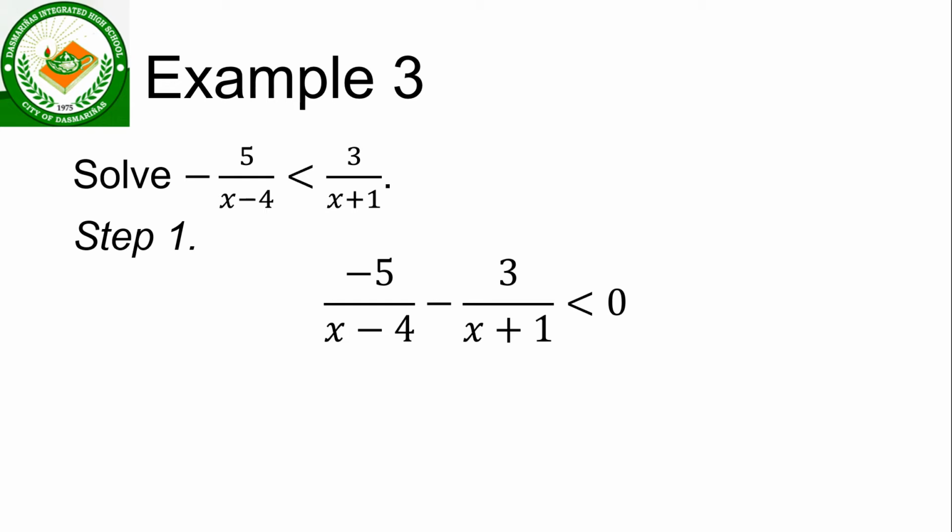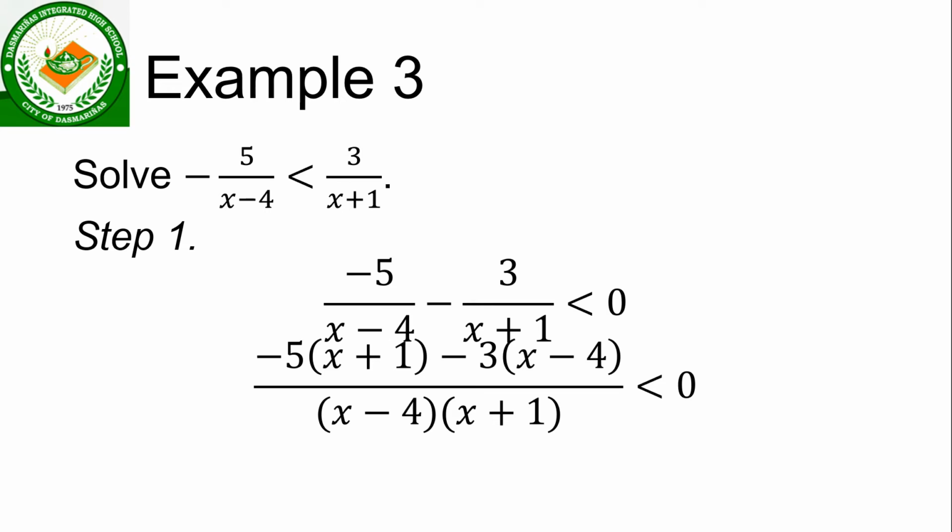let us make it a single rational expression by multiplying the terms by their LCD. Or in other words, we're going to multiply negative 5 by x plus 1 and 3 by x minus 4. Cross multiplication, perhaps.